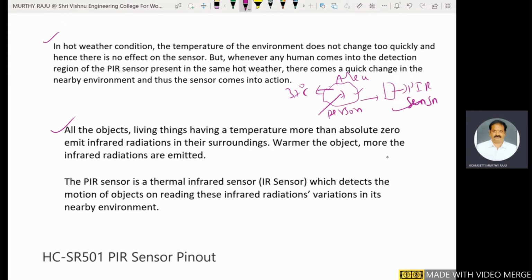The warmer the object, the more infrared radiation is emitted. Such radiations are recognized by the PIR sensor.